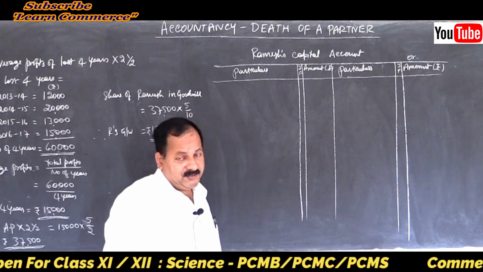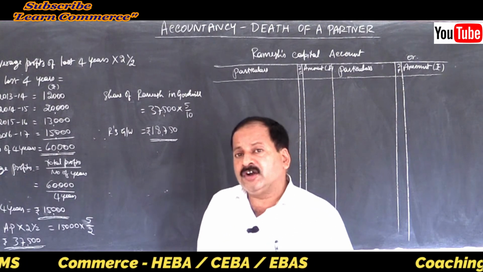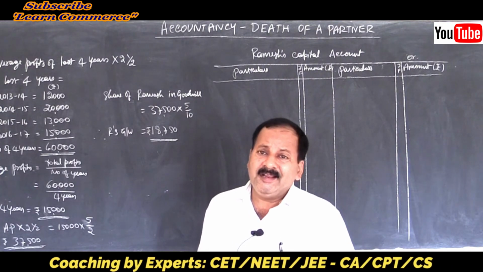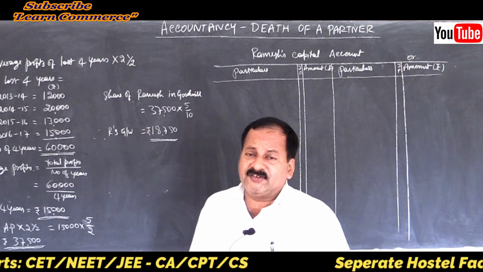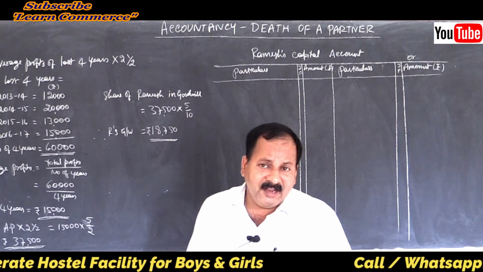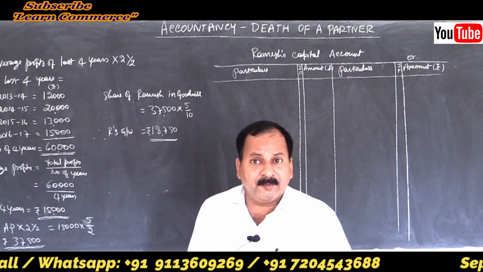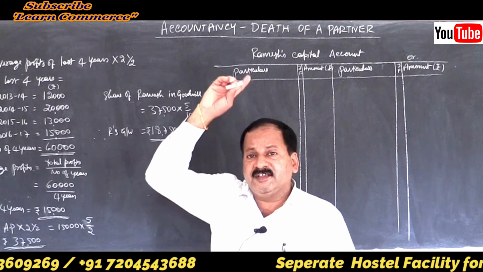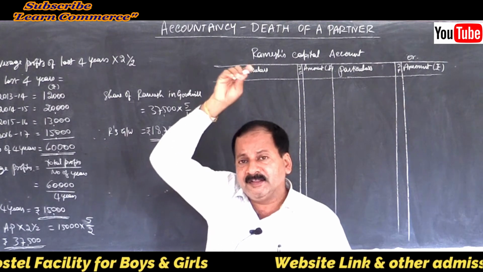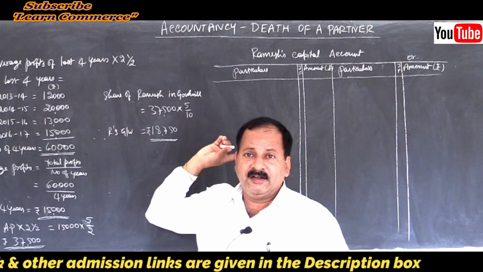Now let us start. Whether they inform us or not, we must start with his or her capital balance. Whether it is mentioned in the problem or not, we must return their capital. We must pay their capital. And whether it is mentioned or not, if there are any reserves, reserve fund, accumulated profits or accumulated losses appearing in the balance sheet, they should be treated properly.